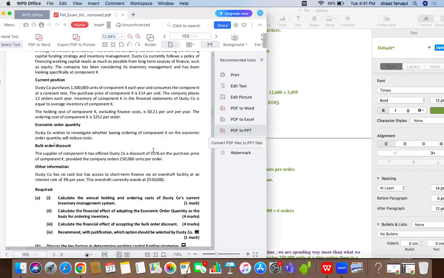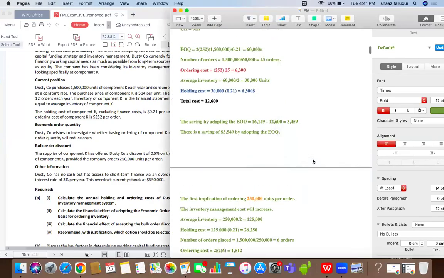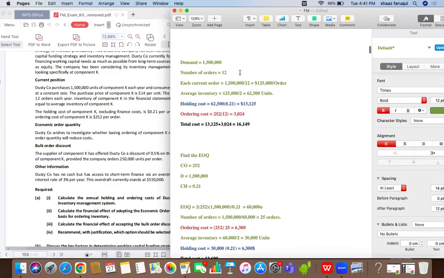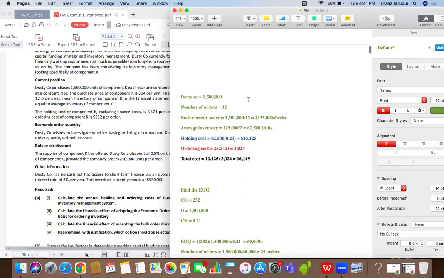However, here there is an assumption. There is something tricky. Here we are going with the assumption of what is the excess over our present ordering quantity. Our present ordering quantity, we are ordering how much? 125,000 per order.